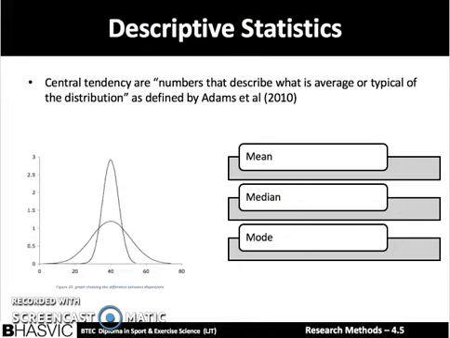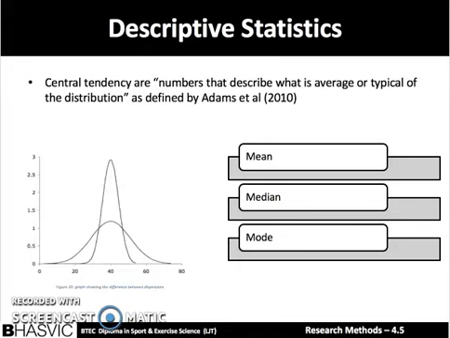The last one then is mean. The mean is basically where you add all the values together and divide by how many values you have. So it accounts for every value. This could actually be a limitation of it, because all values are included, therefore it is quite susceptible to outliers, and it will be highly affected by outliers.